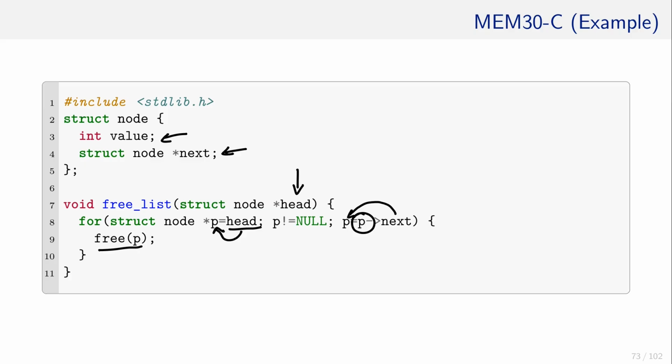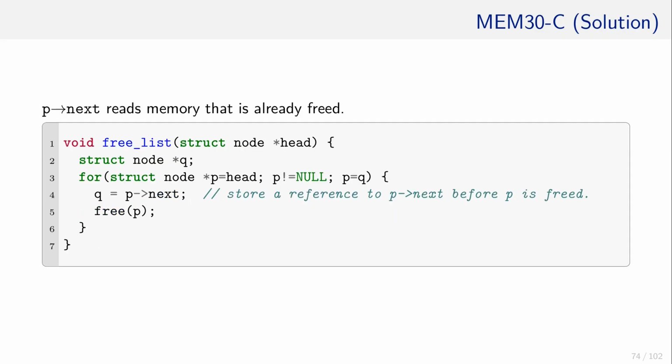But it has already been freed in the previous iteration. This is an access to a dangling pointer. Hence, before destroying p, we need to save the pointer to the next element here in q, and then set p to that q, solving the dangling pointer problem. Easy, right? It is just important to remember those details.